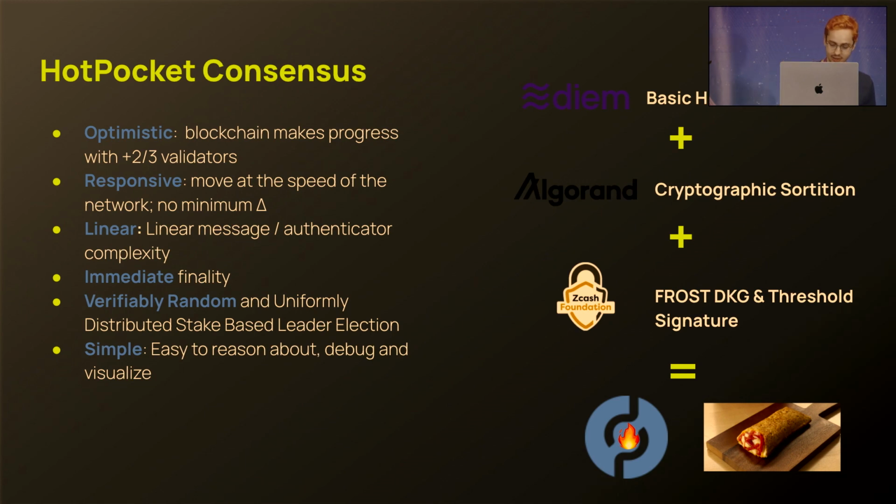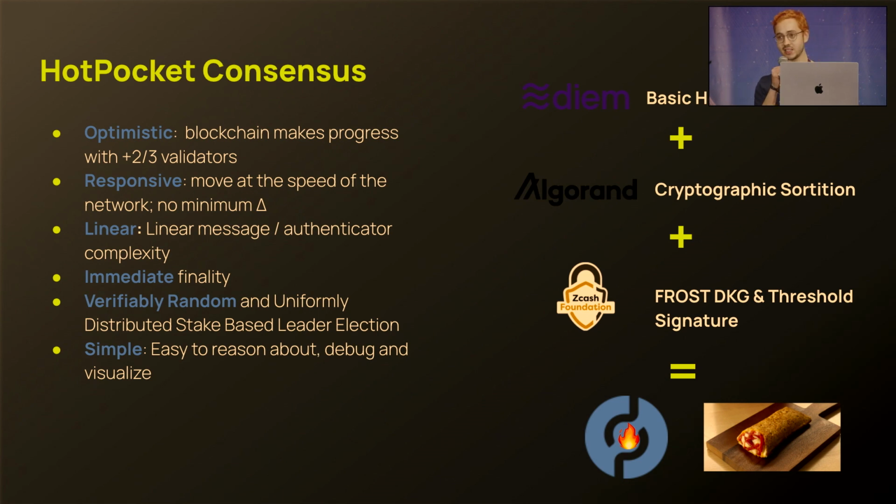So, now that we know that we want to go with a HotStuff BFT algorithm, what else are we going to do? So we take Basic HotStuff. Basic HotStuff is one of the variations of the HotStuff algorithm, which was driven by the Libra DiemBFT project. We're taking cryptographic sortition from Algorand, which essentially gives us a verifiably random leader election algorithm in V1 of Pocket Network.